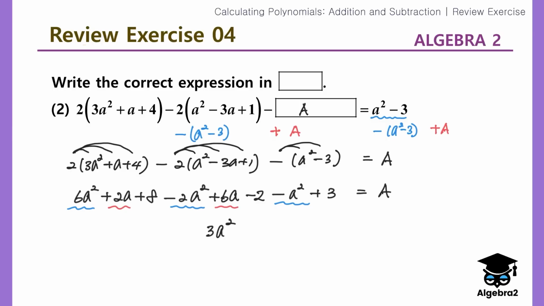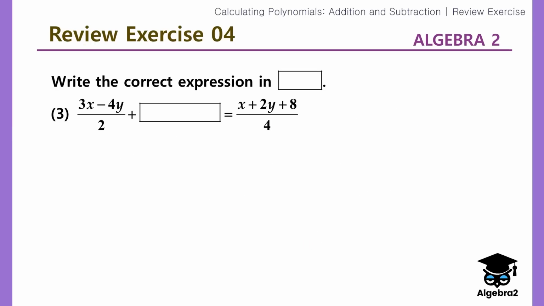Yeah, that's it, right? 2A plus 6A, that's plus 8A. And let's look at constants. 8 minus 2 plus 3. 8 minus 2, 6. 6 plus 3, that's 9. So plus 9 is equal to A. So the expression A is 3A squared plus 8A plus 9.